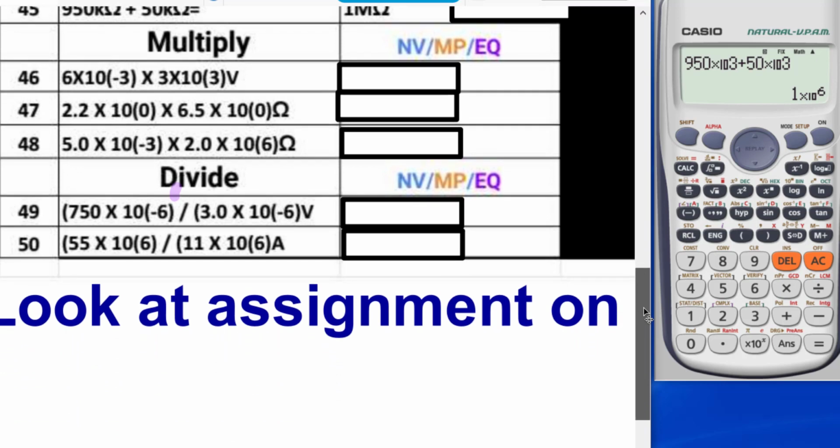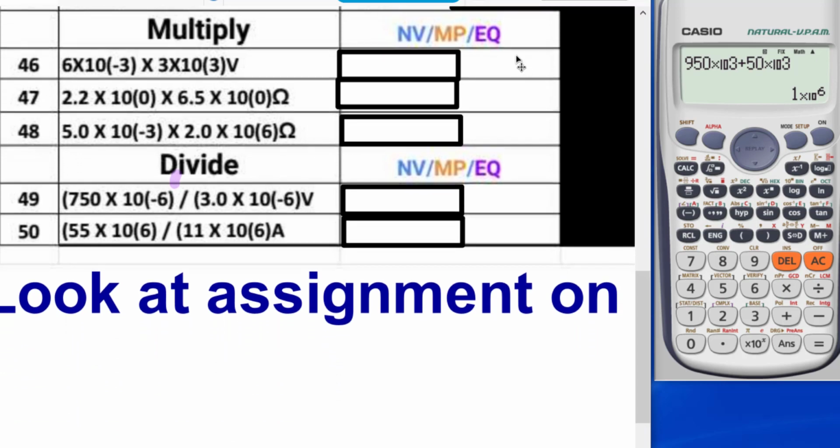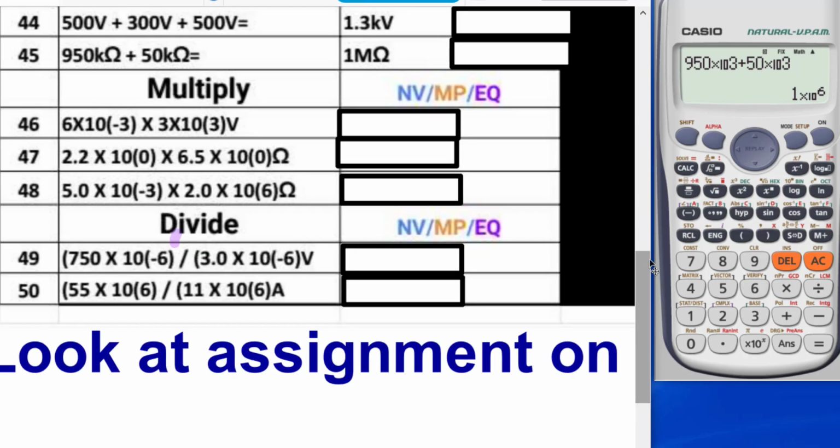Right, next we look at the multiply, and again we're going to take two numbers in engineering. So for number 46, I've got 6 times 10 to the negative third.